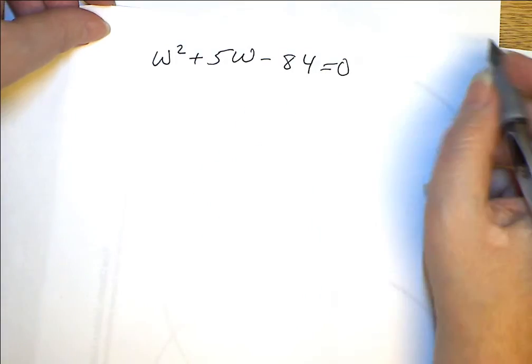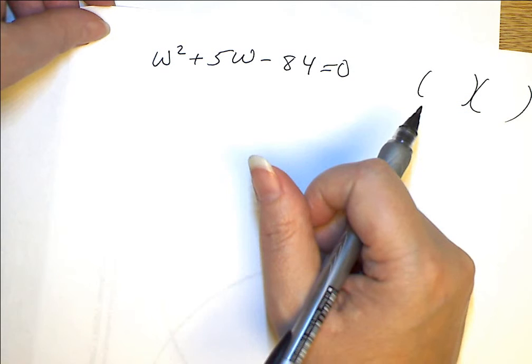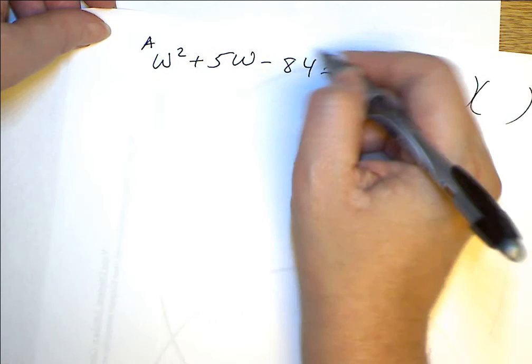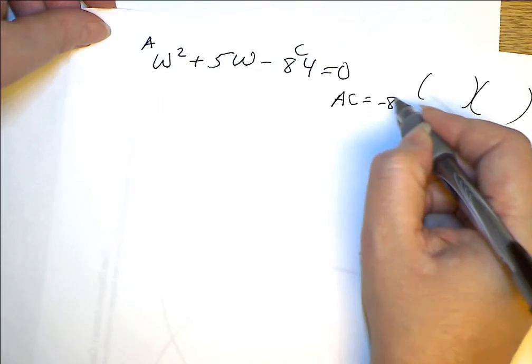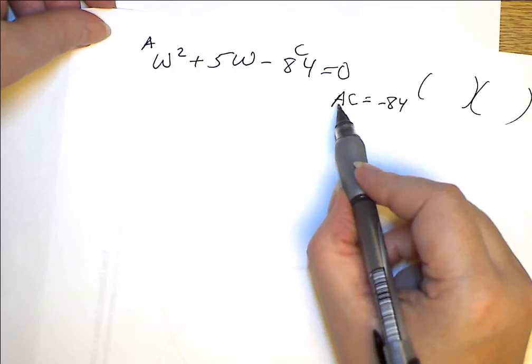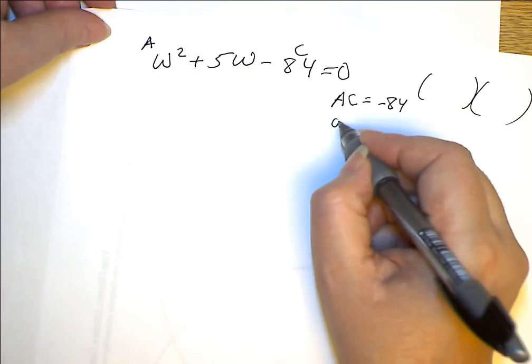I'm looking for 2 things that multiply together to give me this. How have you been doing it? Do you do AC? Yeah. Okay. So A is 1, C is negative 84. So AC is negative 84, right? Yeah. Okay. So I'm looking for 2 numbers that multiply together that give me a negative 84, that when I add them gives me what?